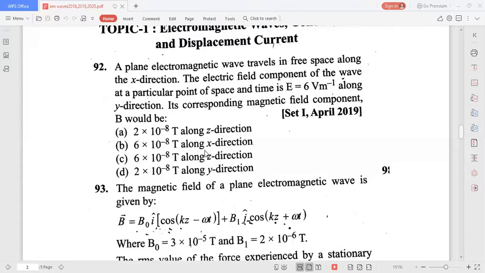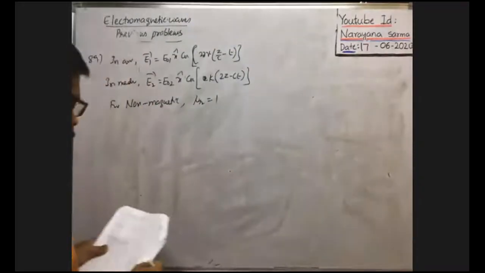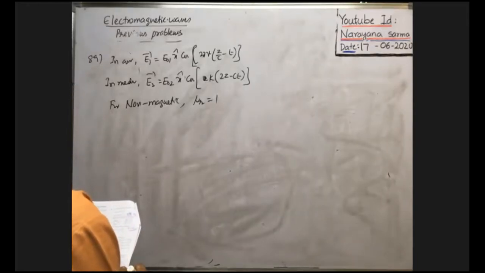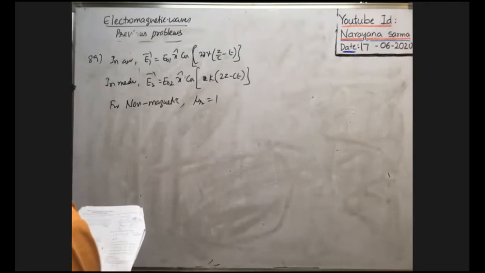Which of the following options is correct? All of you look at the board now. Here they asked the ratio between the relative permittivities of air and medium respectively.